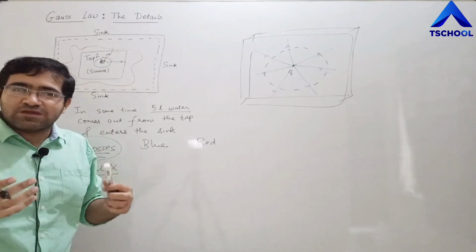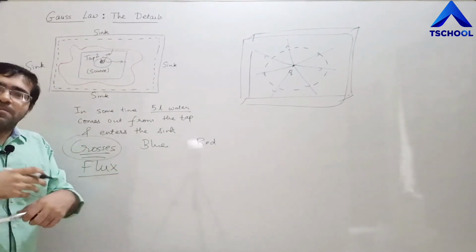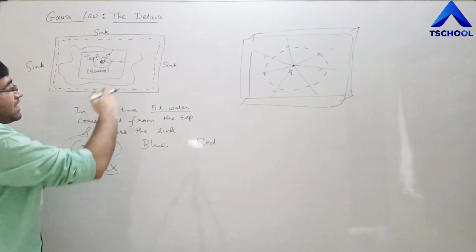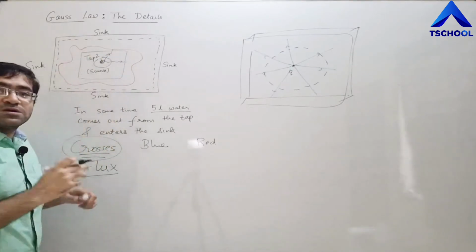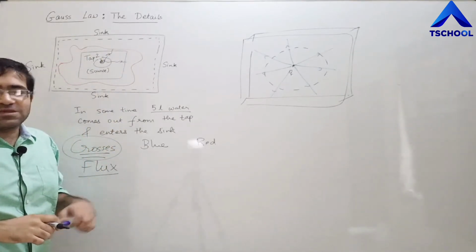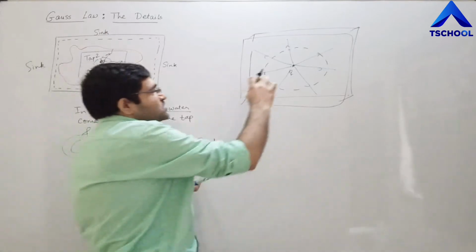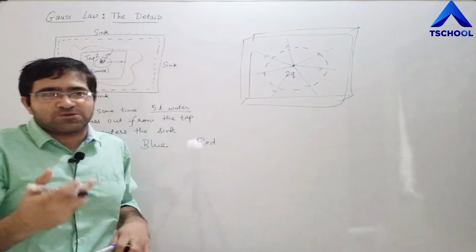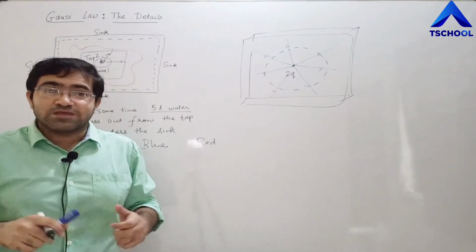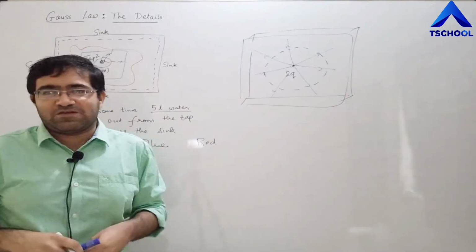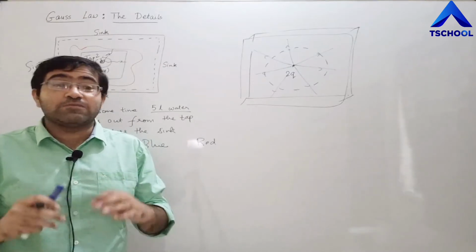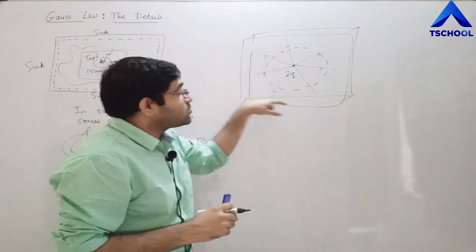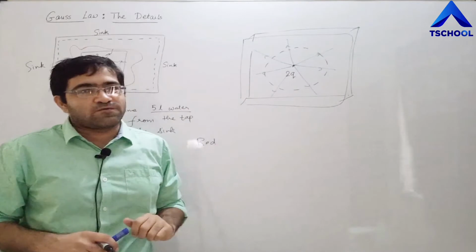So in some given time, it's going to throw out more water. So more water will pass through these red or blue curves. Same idea over there. If instead of charge Q, you replace it by something with a bigger magnitude of charge, 2Q, there is going to be more electric field, more field lines and more flux passing through the closed surface.